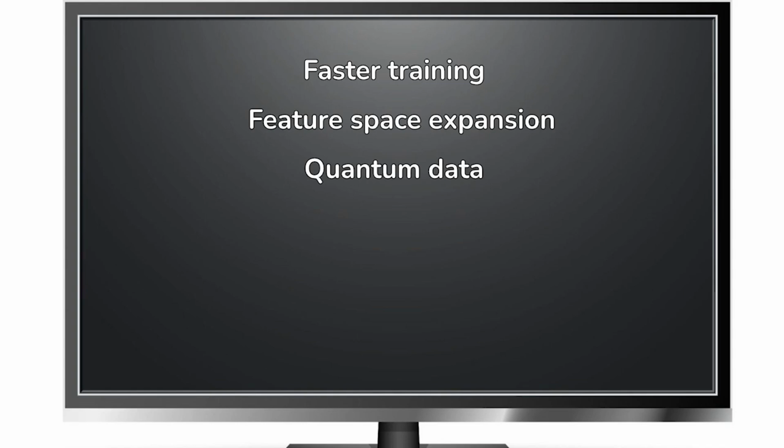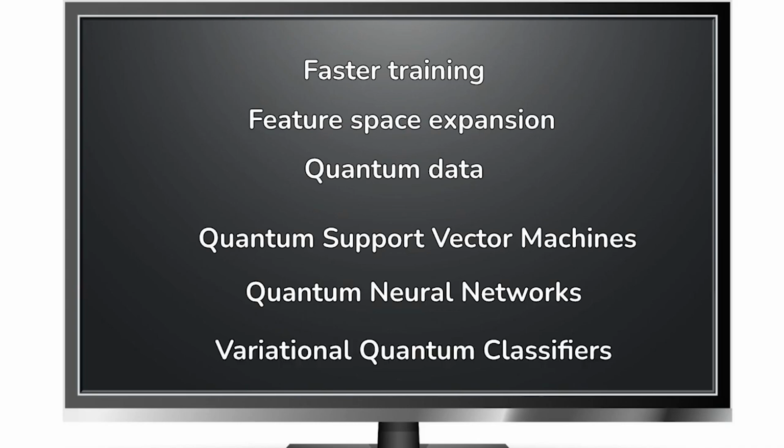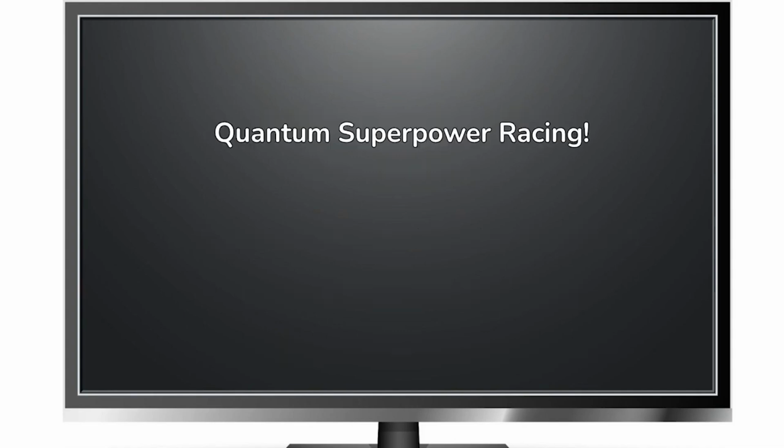There are already some promising examples. Quantum support vector machines, quantum neural networks, variational quantum classifiers. Most of these are still experimental, but the idea is powerful. Use quantum processors to process, learn from, and even generate quantum data. IBM, Google, Xanadu, and many startups are racing to create quantum AI toolkits.